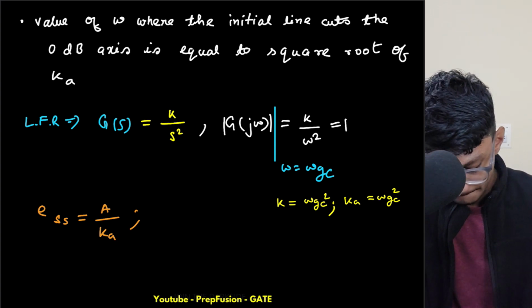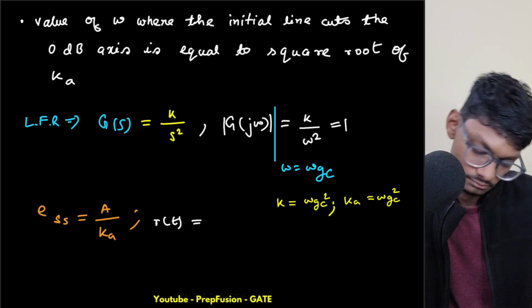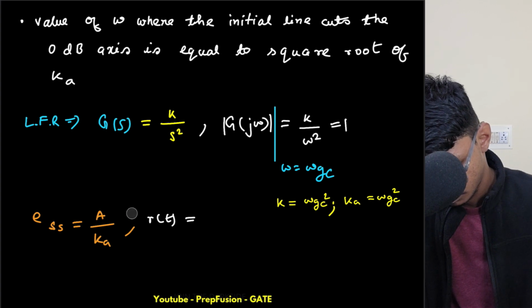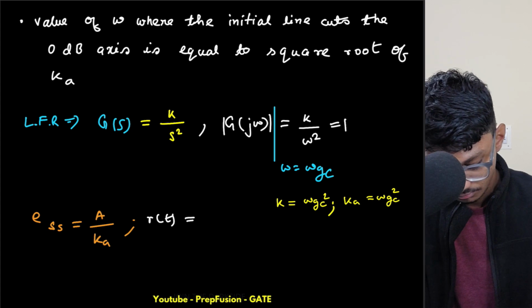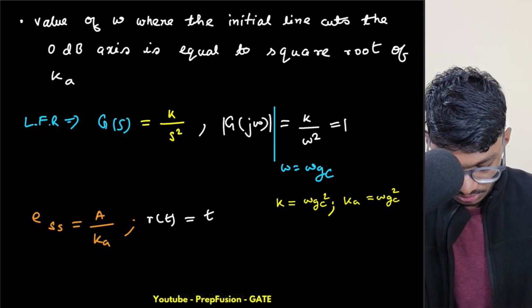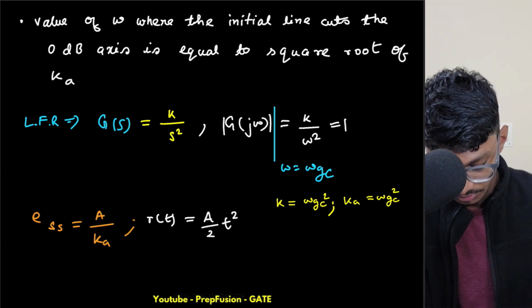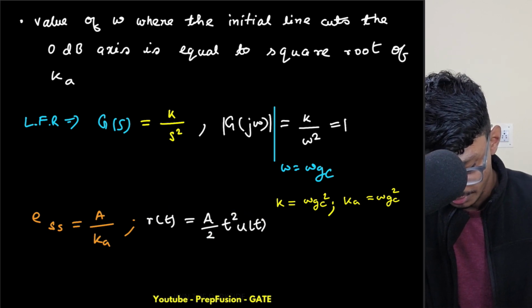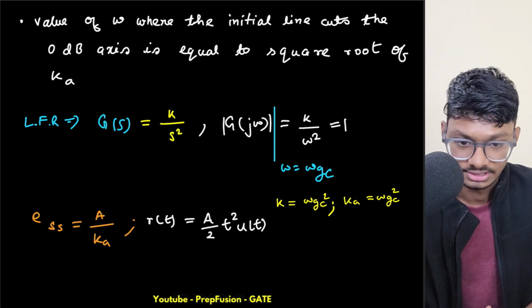For input r of t as A by 2 into t square u of t. Okay, so this is my steady state error for this acceleration error coefficient.